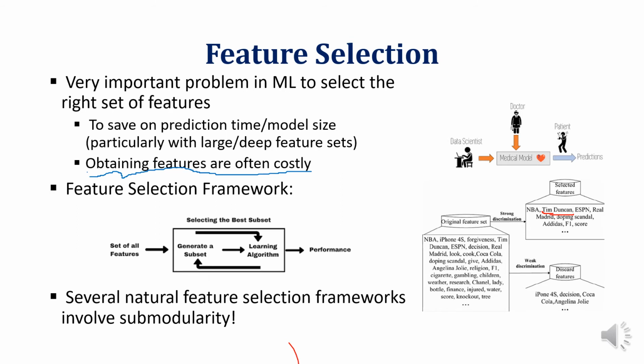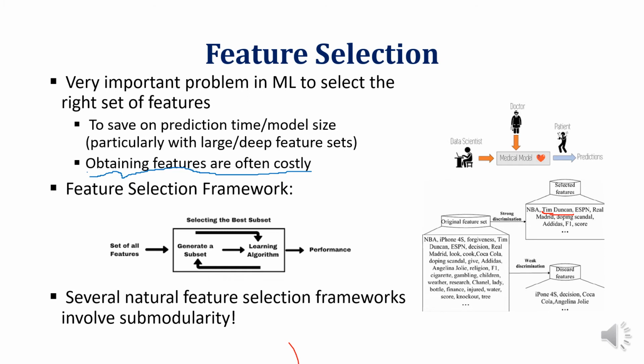So the feature selection framework typically is that you generate a subset, look at the learning algorithm, evaluate the performance, go back and generate the next subset. This of course assumes that obtaining the features is itself possible in reasonable time, but maybe in certain domains such as medical domains, obtaining a feature itself could be a costly affair.